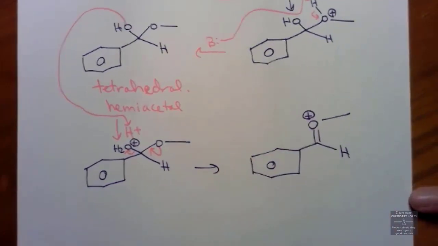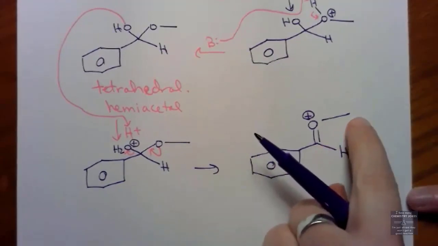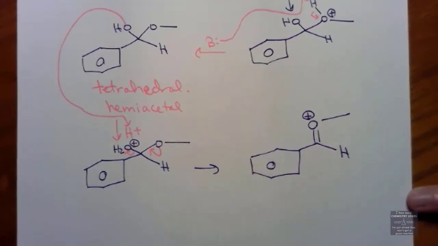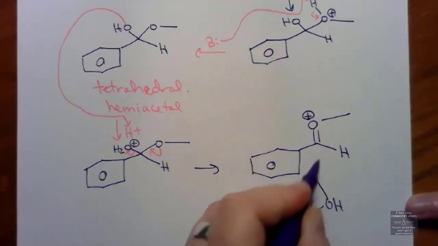Then I have this carbonyl thingy. This carbonyl thingy is confusing because it still has an R group over here. That's okay, but what it means is it's not stable as it is, so another alcohol comes to attack your carbonyl carbon.